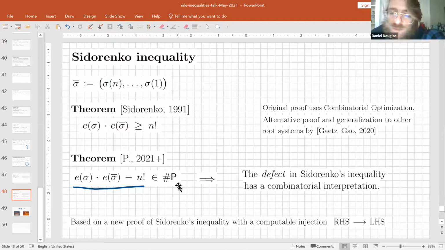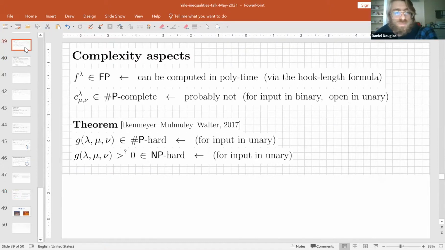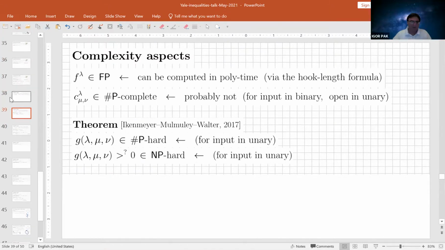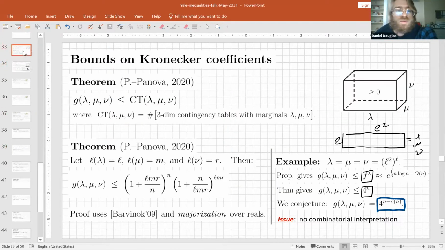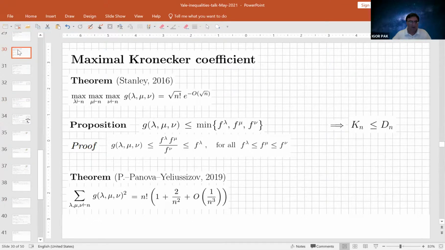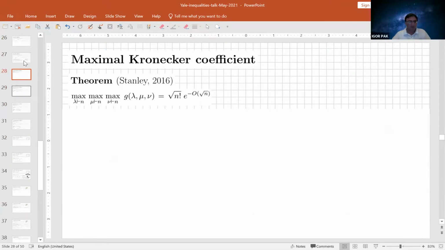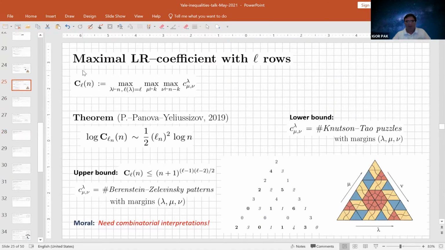I had a question about the Littlewood-Richardson part when you were talking about the Bernstein-Zelvinsky patterns. When you used the Knutson-Tao result, was it useful to know that there were pictorial representations with these trivalent graphs, or did you just use the corresponding integers?